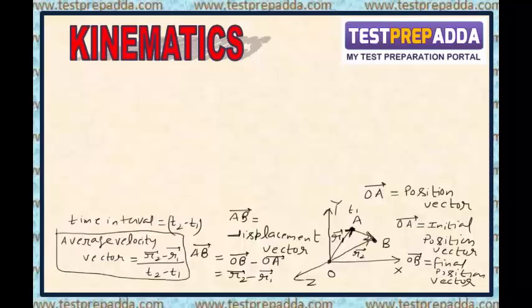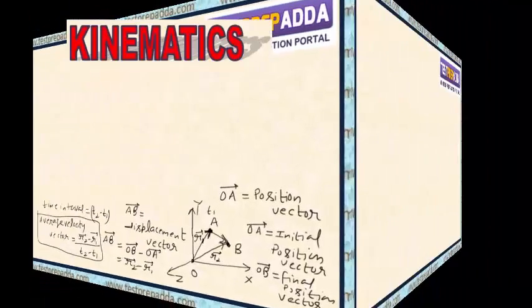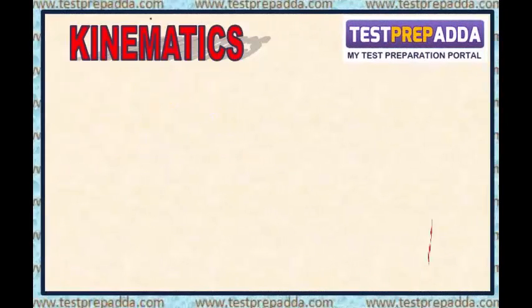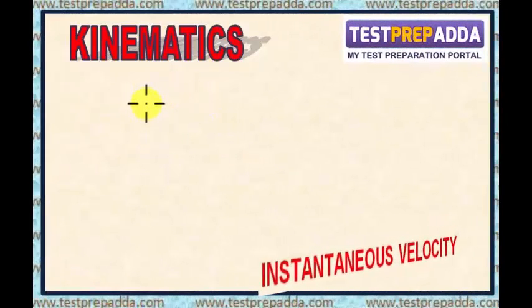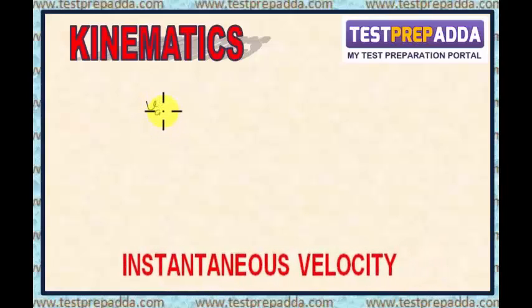Now I will talk about instantaneous velocity vector. We have written the average velocity vector as r2 minus r1, that is the displacement vector, upon time interval t2 minus t1. So this I can write as delta r upon delta t.